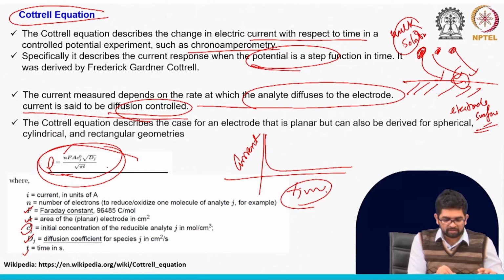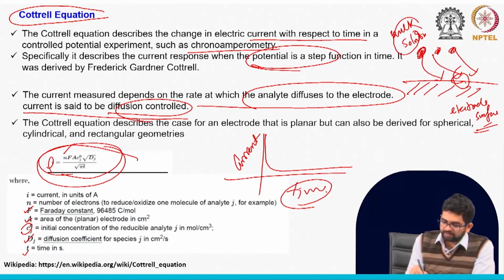So this is the relation, and from here you can think about the change. If there is any problem of current change, you can explain it with this equation.